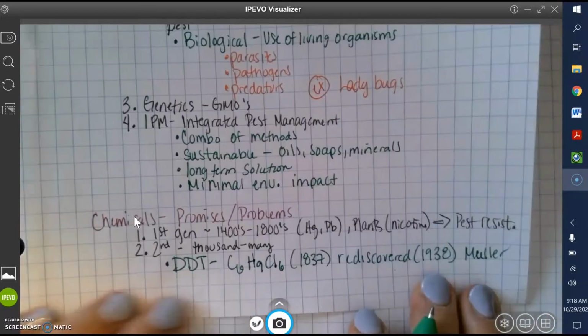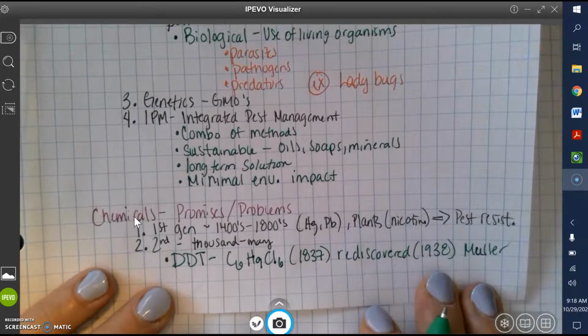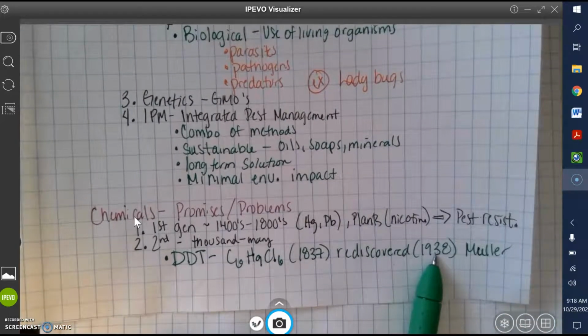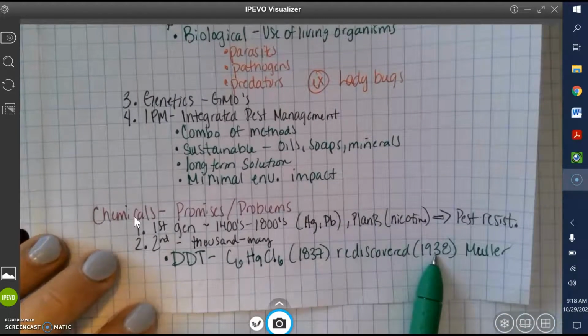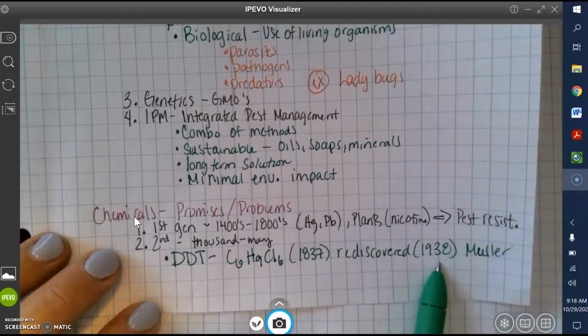Now, the reason that this was so significant is because at the time, if you look at the timeline, this was World War II. And during World War II, we had people in Japan, in various areas of the world that had a lot of swamp and mosquitoes. We had a lot of problems with typhus.